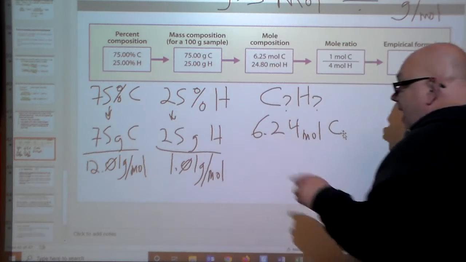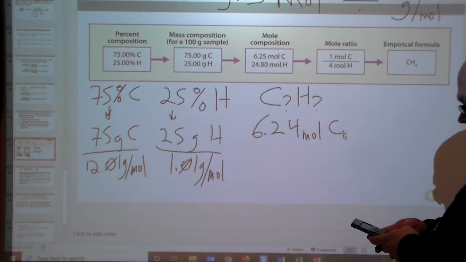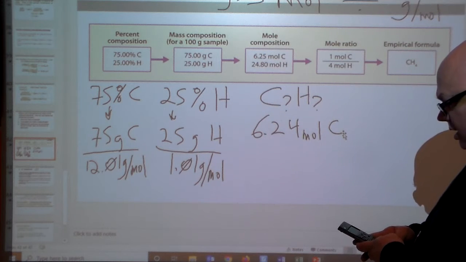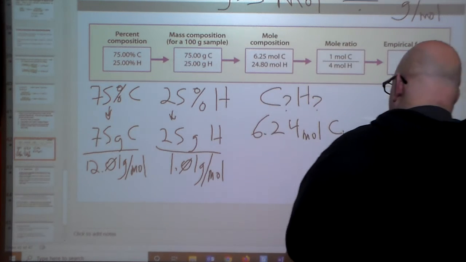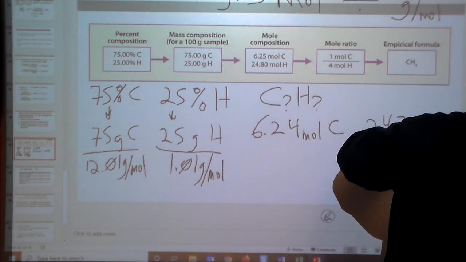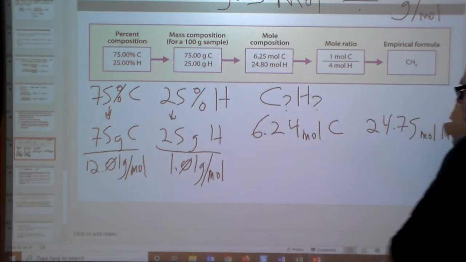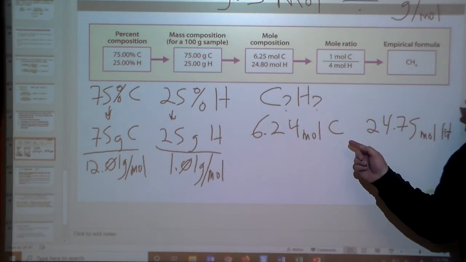Now, let's look at the hydrogen. The hydrogen is 25 divided by 1.01, and I walk away with 24.75 moles of hydrogen.